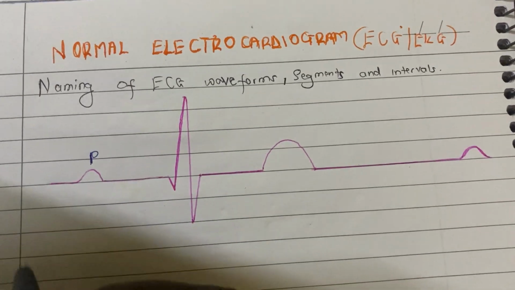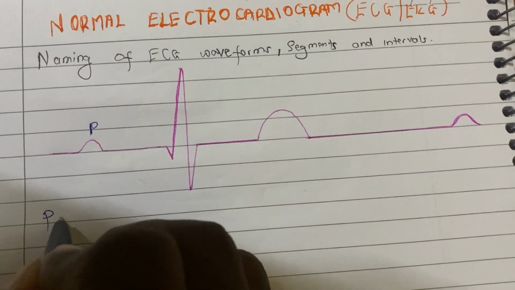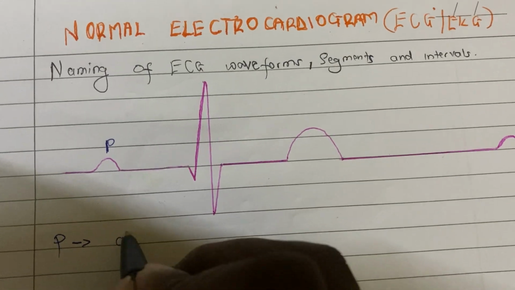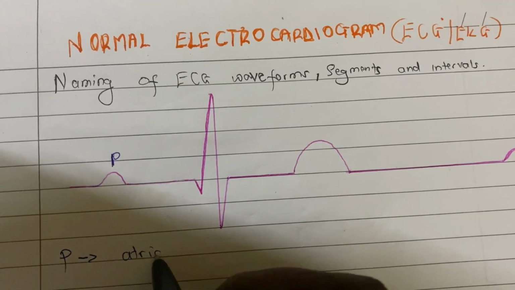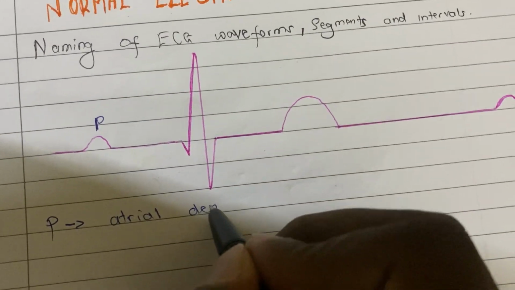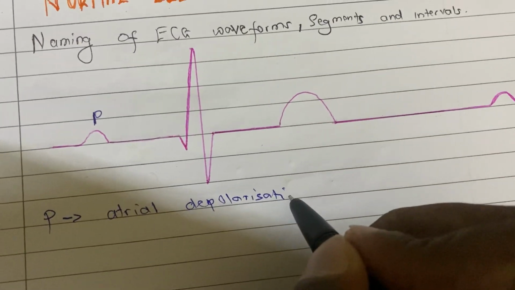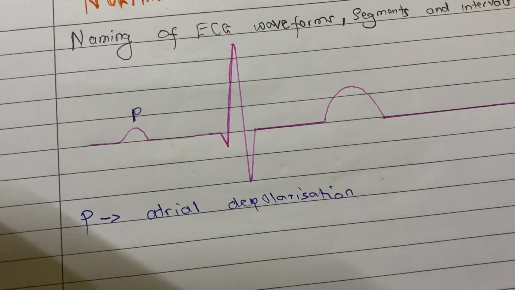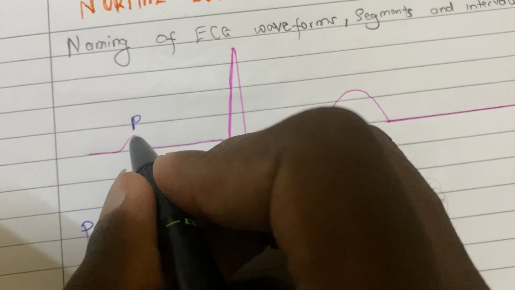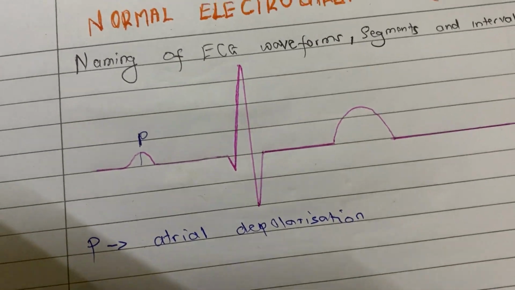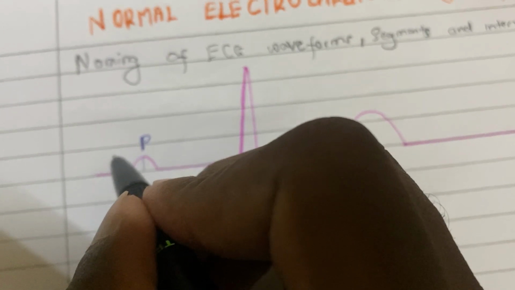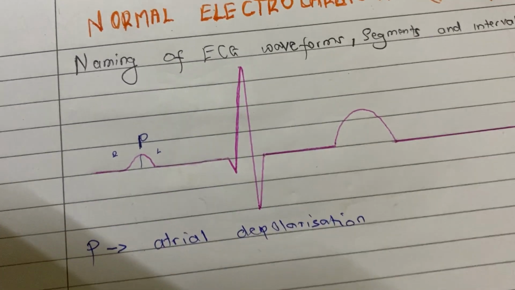Then P, what does P represent? P represents atrial depolarization. You can divide it into two parts like this. The first part is for the right atria, the second part is for the left atria.